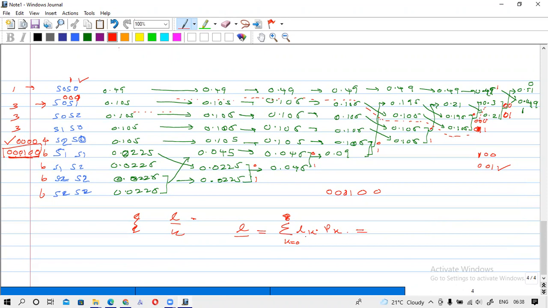If I take the first one, L1 is 1 and the probability is 0.09. For this one the length is 3 and the probability is 0.15, and you have 3 such terms.